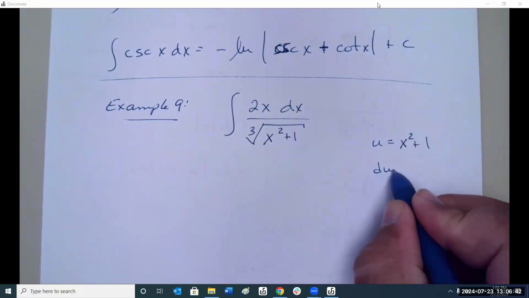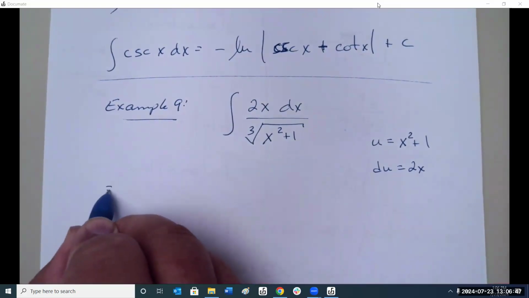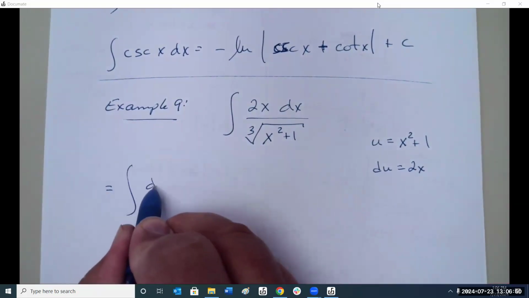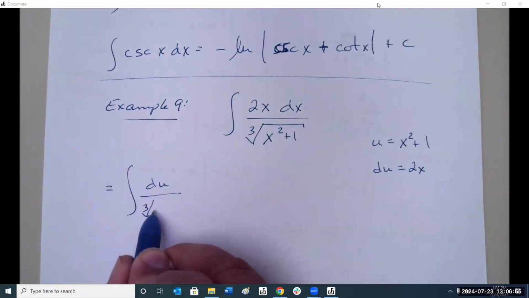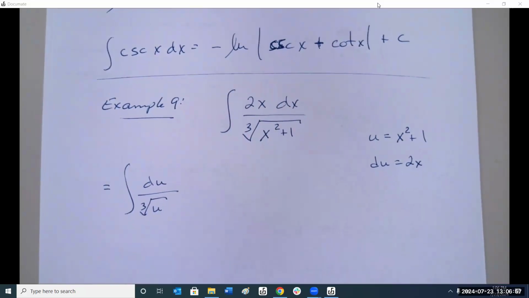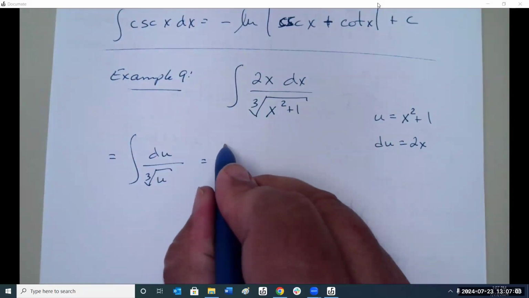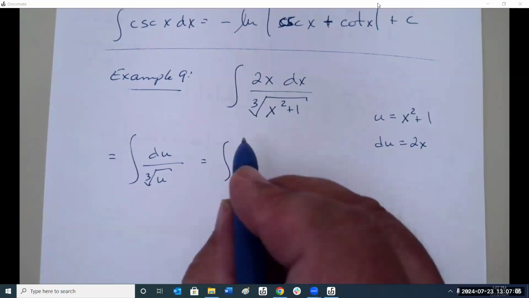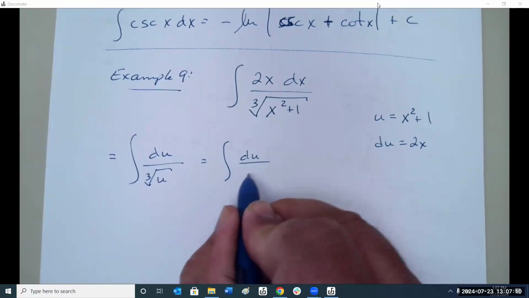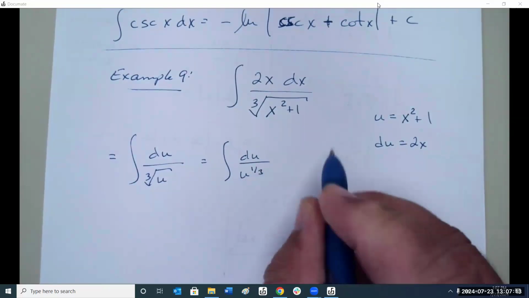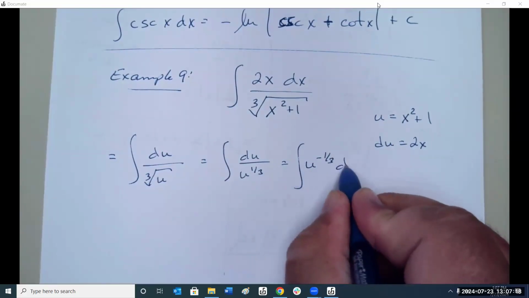And therefore your du is going to be, yeah, so we can look at this as du over the cube root of u, which is du over u to the power 1/3, or u to the power negative 1/3 du.